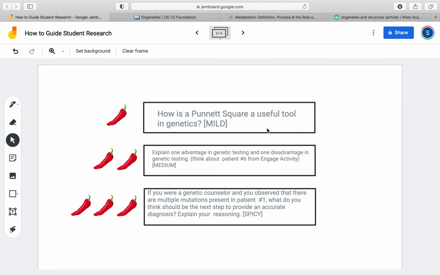So I have the questions labeled mild, medium, and spicy, and I do like to put pictures of chilies just to show visual. And as you can see, they increase in difficulty as you go to the spicy level question. So again, students can have the choice on which one they want to answer.